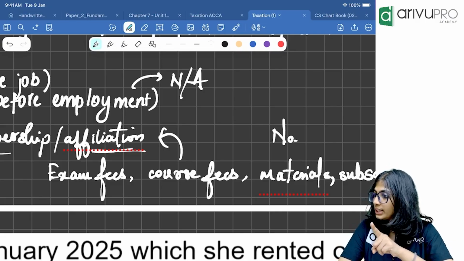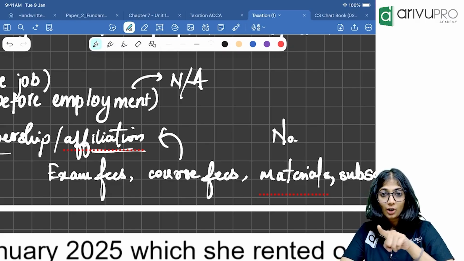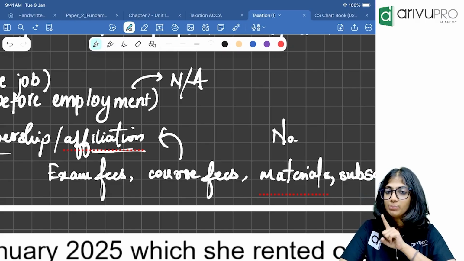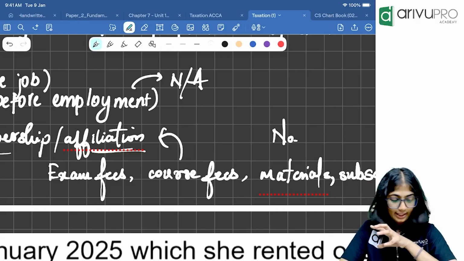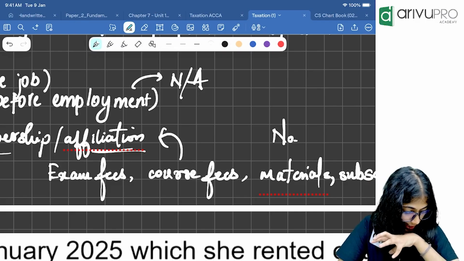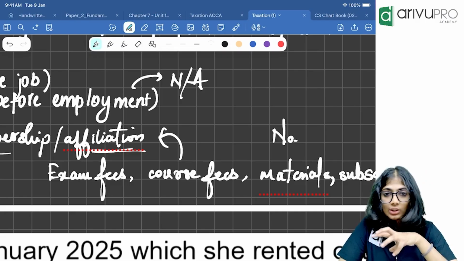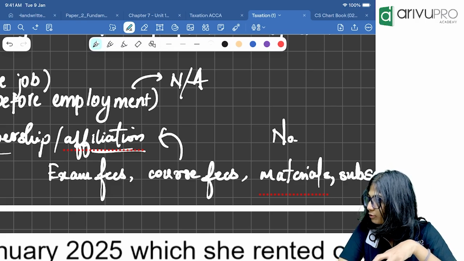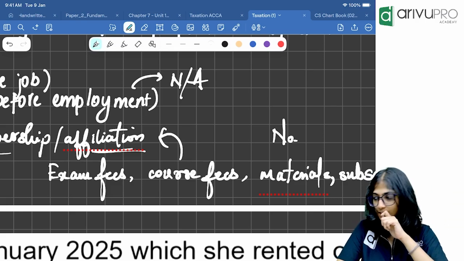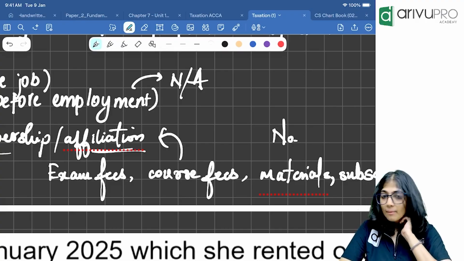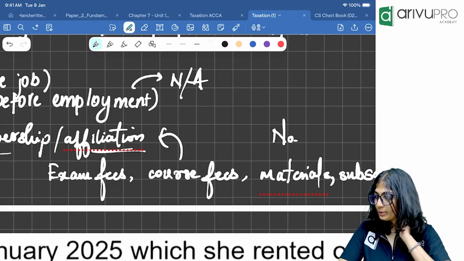It should strictly be a part and parcel of your role and responsibility in the organization. Very simple. Alright, so no deduction is made for the expenses that you incurred beforehand. Okay, so it needs to be in the performance of duties.